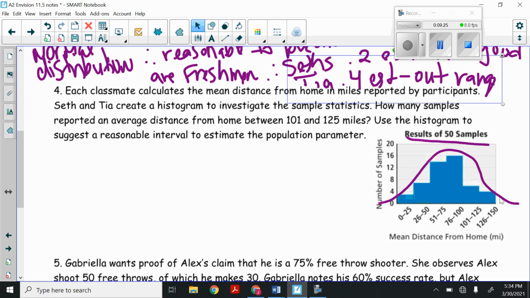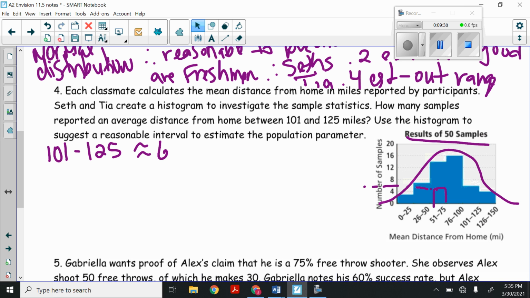So between 101 and 125, that looks to be about 6 samples. So that took care of the first one. Then it says, suggest a reasonable interval to estimate the population parameter. So an average, a likely interval.